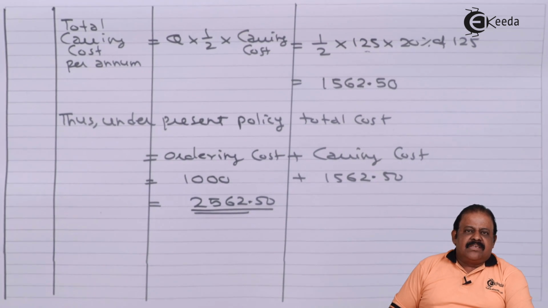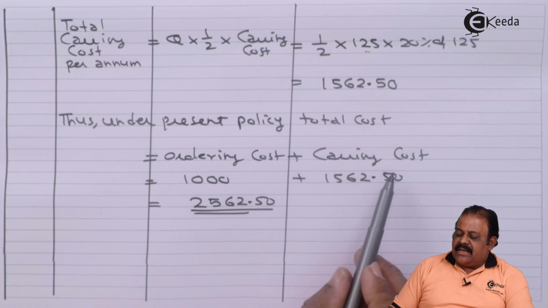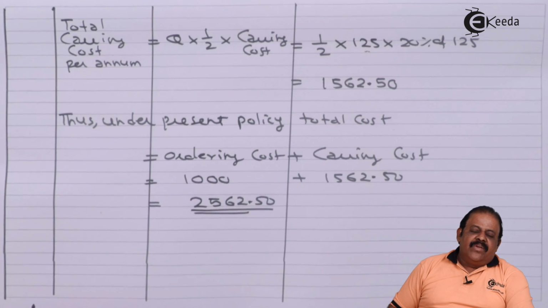Under present policy, as well as if we adopt economic order quantity policy, purchase cost per unit is going to remain same. Therefore, actual purchase cost of material is ignored and we have focused on ordering cost and carrying cost. Now we'll calculate economic order quantity units.